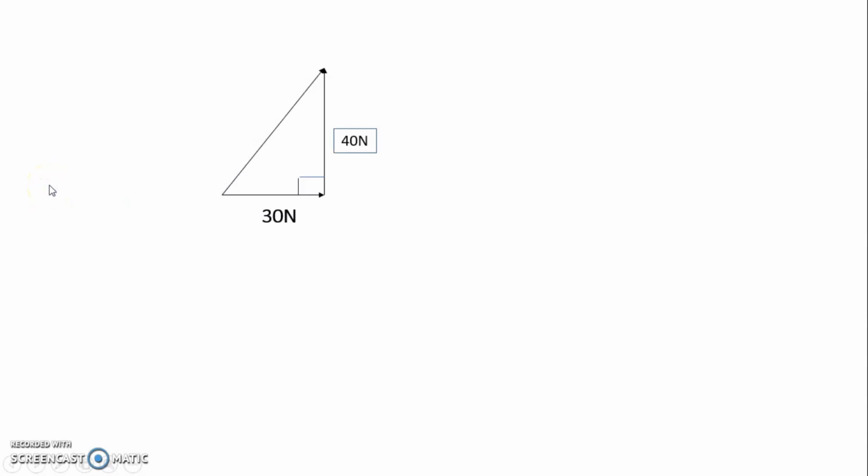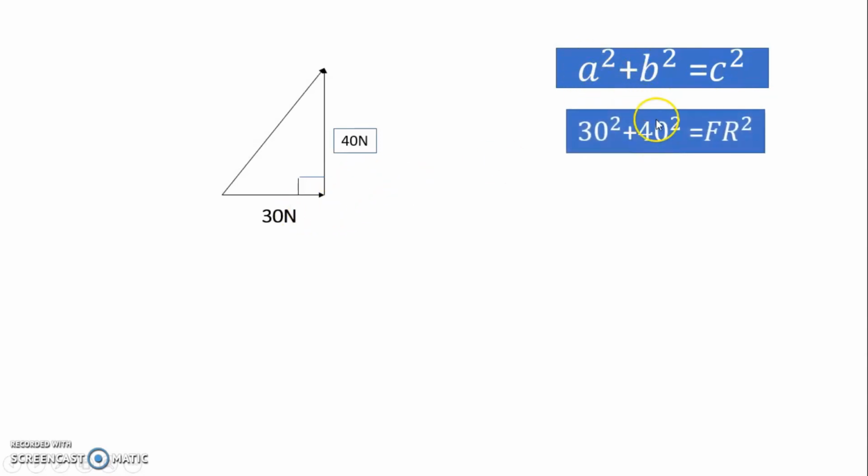Pythagoras Theorem states that a squared plus b squared equals c squared. Our a is 30, that's 30 squared, our b is 40, 40 squared, and our c is the resultant vector, which is Fr squared. So 30 squared is 900 plus 40 squared, 1600.